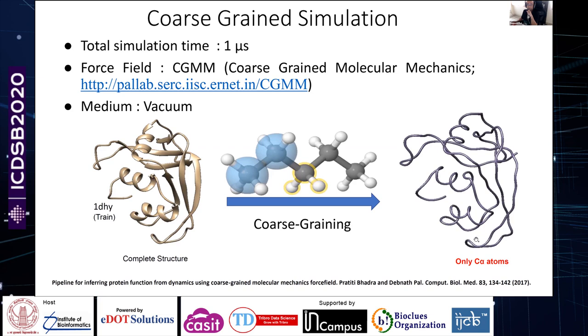In this slide, I'm showing you through the cartoon that you had an all-atom model on the left-hand side, and you just use the C alpha atoms, so you will get a representation just like a chain of beads connected together in space.